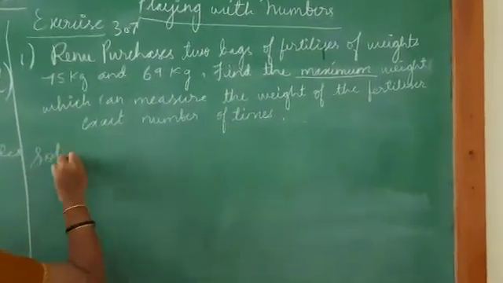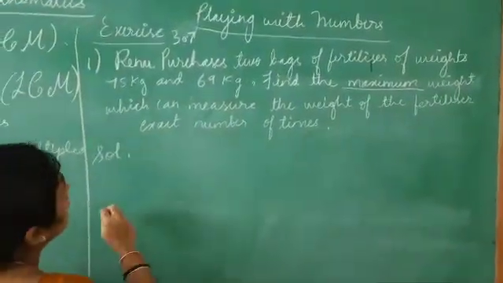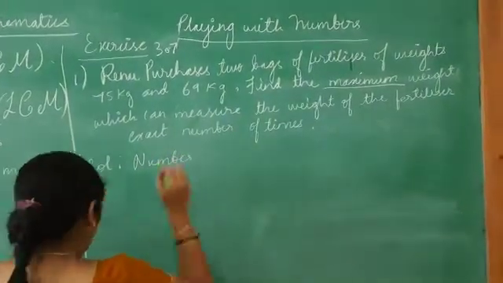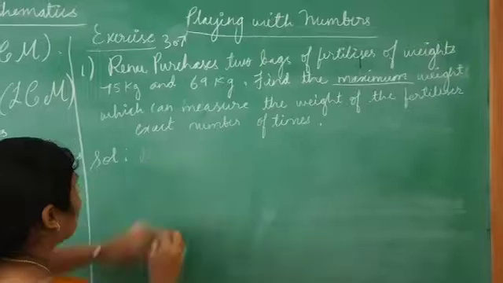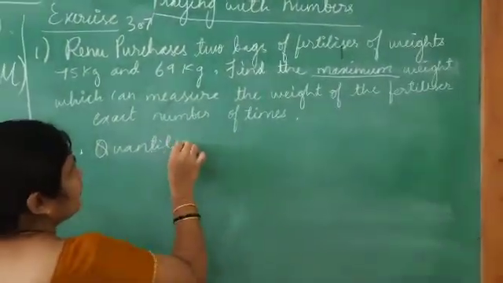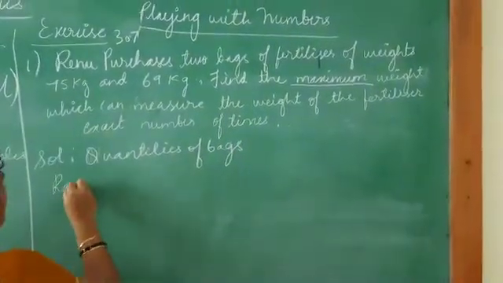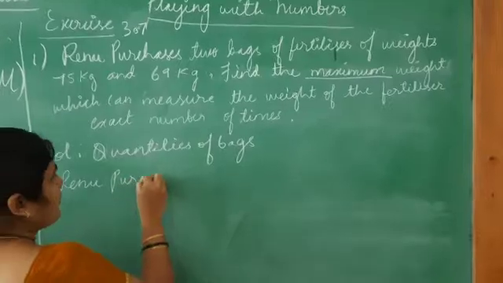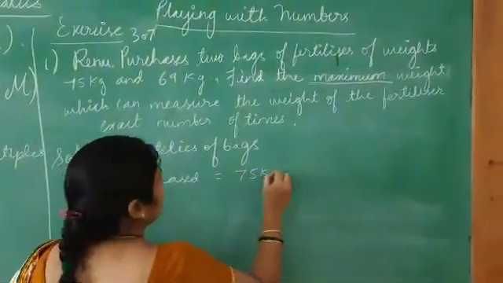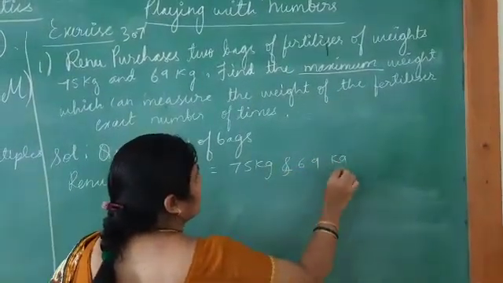Solution. As you can see, this is a statement problem. First you write the given quantities of bags Renu purchased, which is equal to 75 kg and 69 kg.